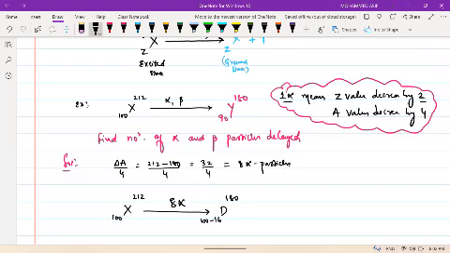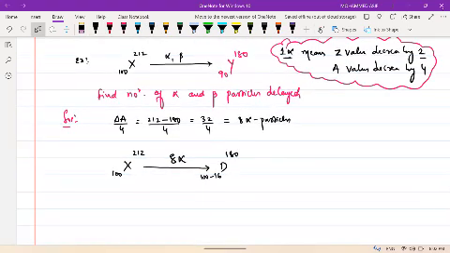If it is 8 alpha particles, that means Z value decreases by 16. 100 minus 16 is how much? 84. Am I clear?